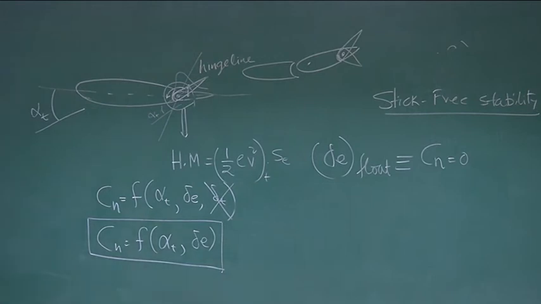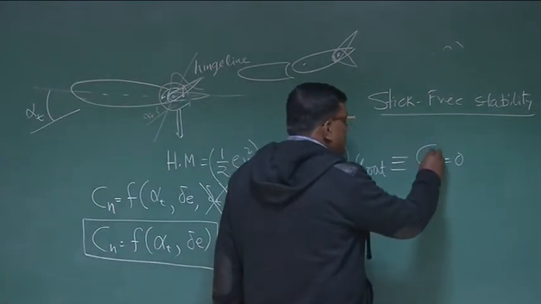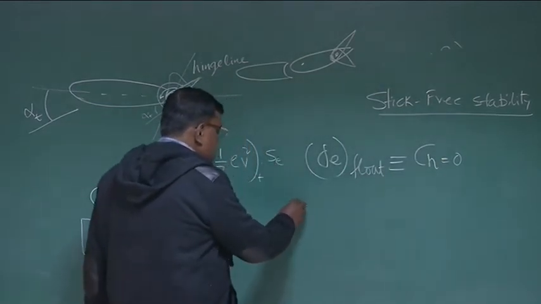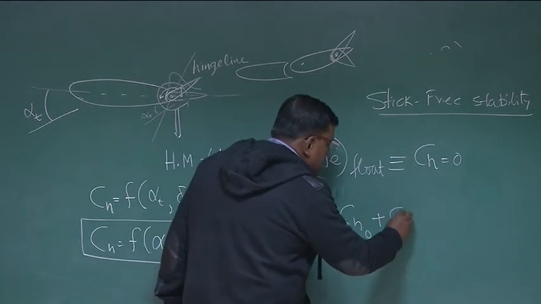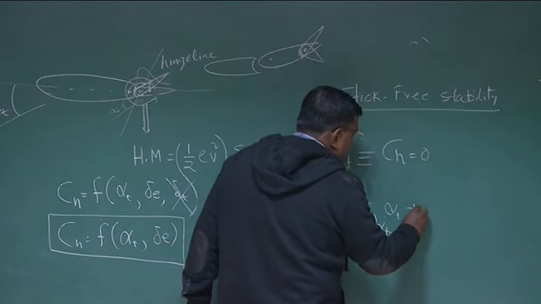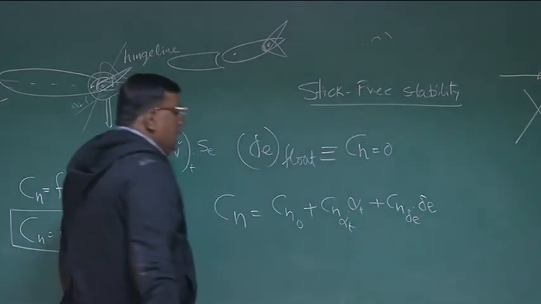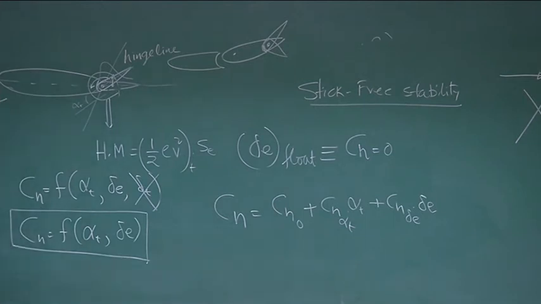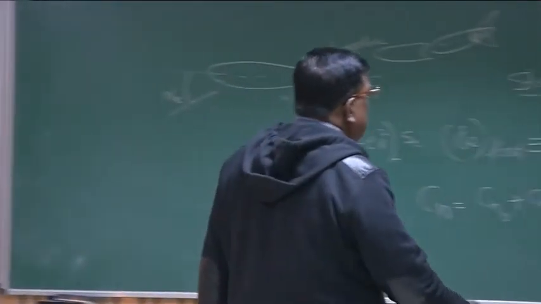As I told you, we'll assume that its behavior is linear. Right? Then I write CH as CH naught plus CH alpha t into alpha t plus CH delta E into delta E. Let us not forget one thing. What is CH alpha t? These are partial derivatives.